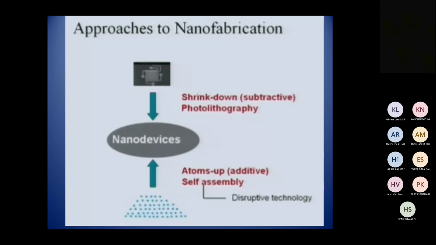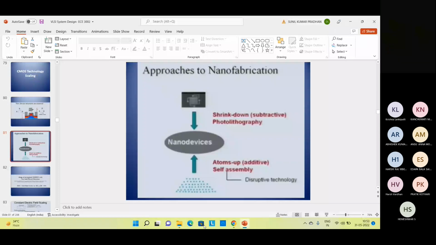Similarly, in a top-down approach, the example is photolithography or electron beam lithography, where we take out the atoms from the materials and make the device. Okay, so that's the thing.